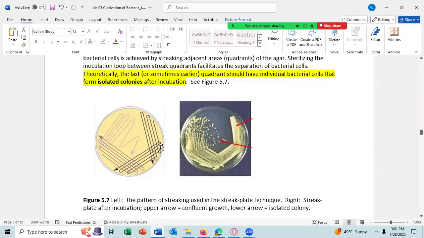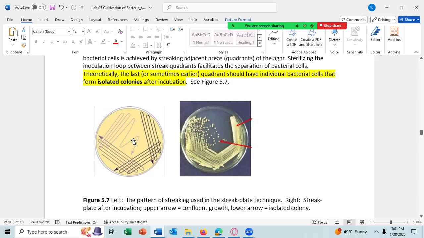In this case, it happened in quadrant 4, but it doesn't matter where it happens. If the solution you initially used had been a little bit more dilute, it would have happened in quadrant 3. And if it had been even more dilute, it would have happened in quadrant 2. And if it had started out very dilute, you would have gotten isolated colonies in quadrant 1.